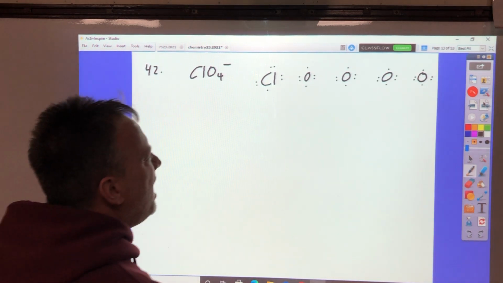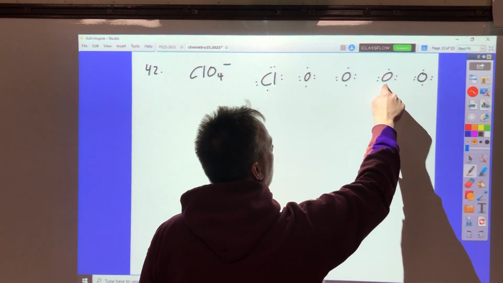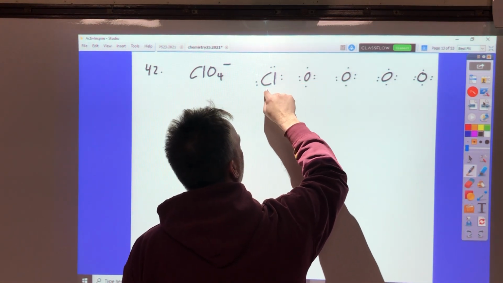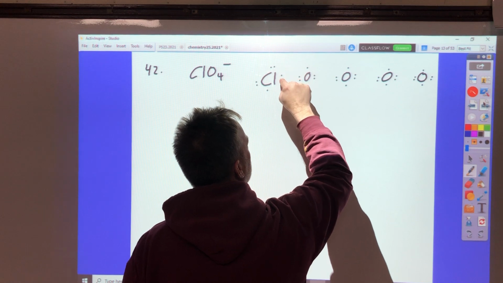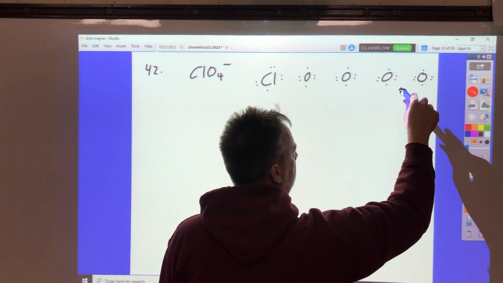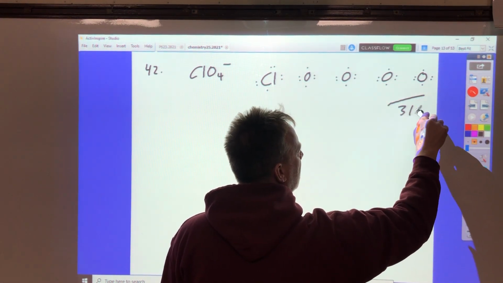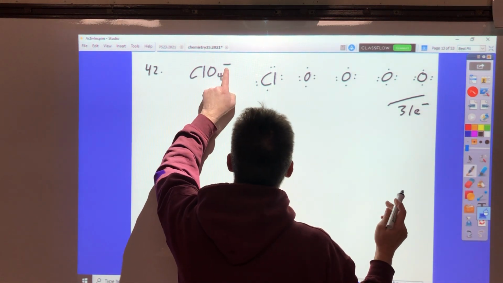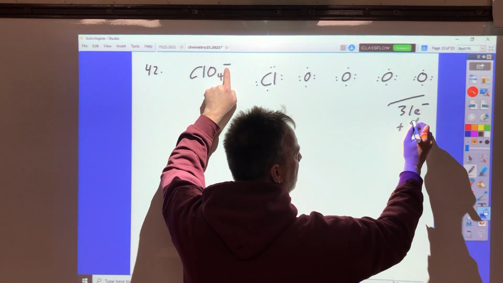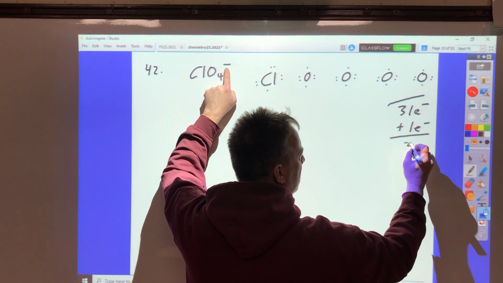Okay, so we add them up. We have 6, 12, 18, 24, 25, 26, 27, 28, 29, 30, 31. We have 31 electrons, but that is negative, so we have to add in another extra electron, total of 32.